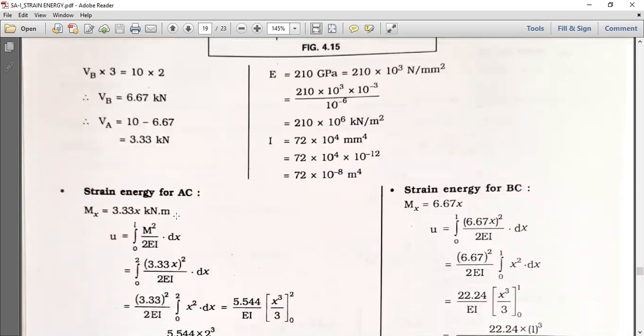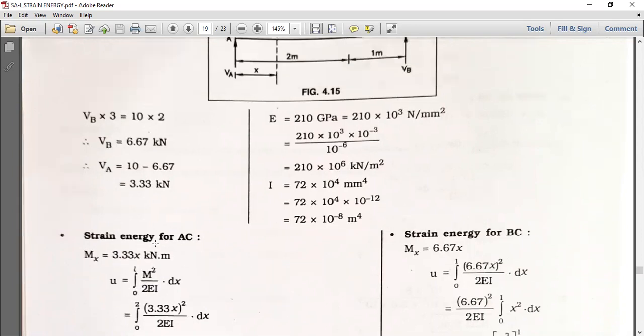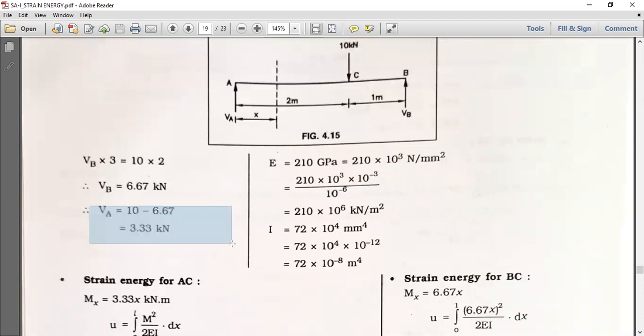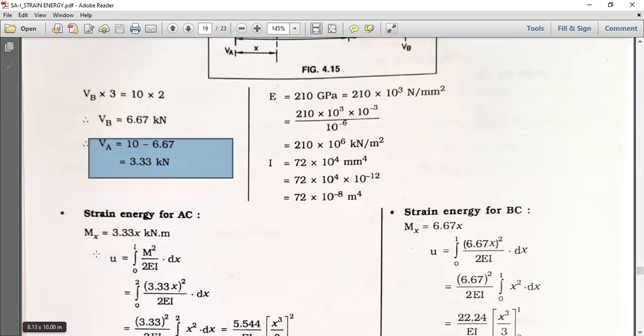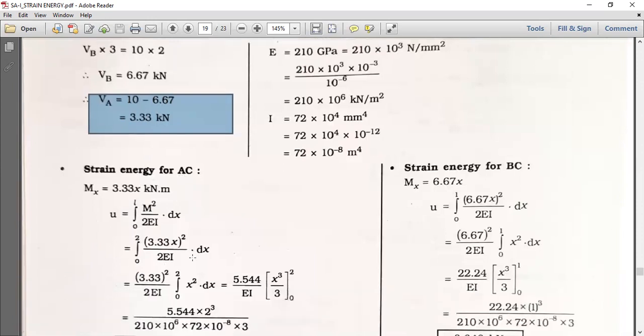Strain energy for AC. Mx is equal to 3.33 x kilonewton meter, which is from the value of VA. Now strain energy U is equal to the integral from 0 to L of M square upon 2EI into dx.